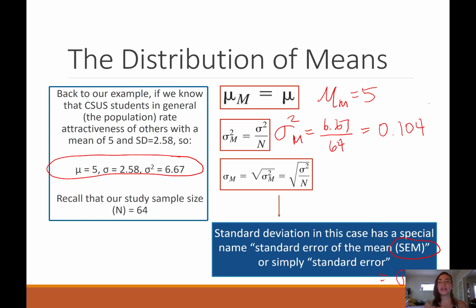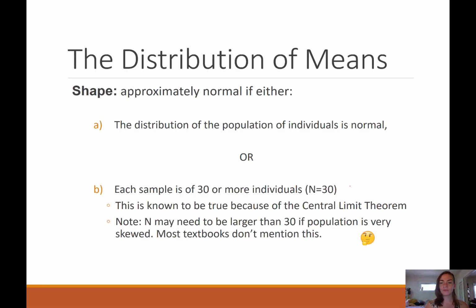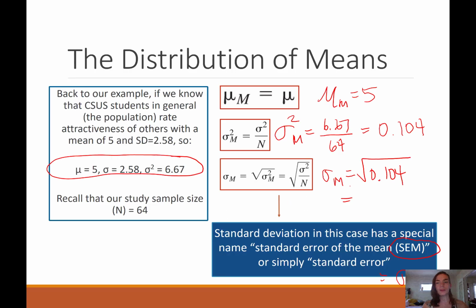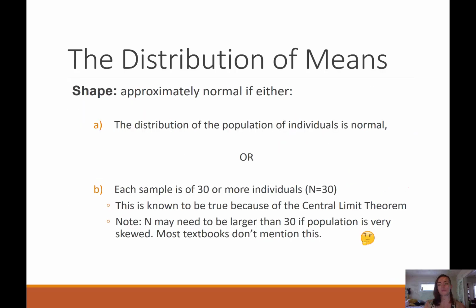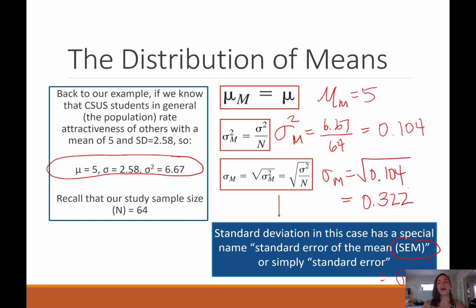So sigma sub m is equal to the square root of 0.104, which is going to give us a value of 0.322. So 0.322 is the value of the standard error.